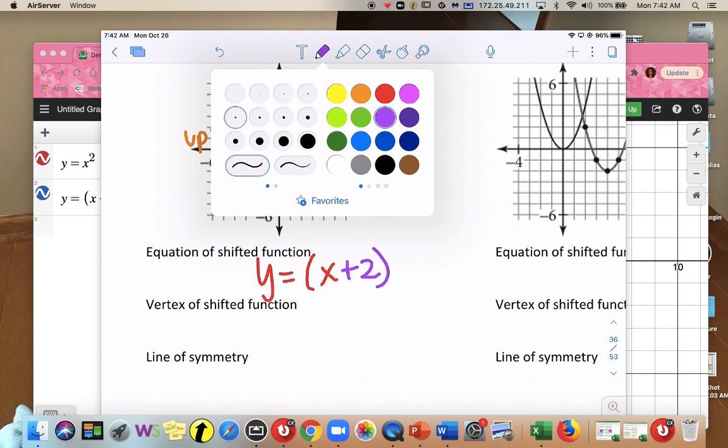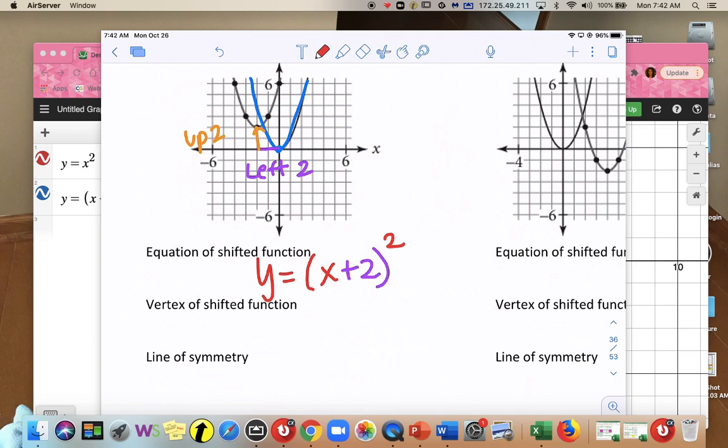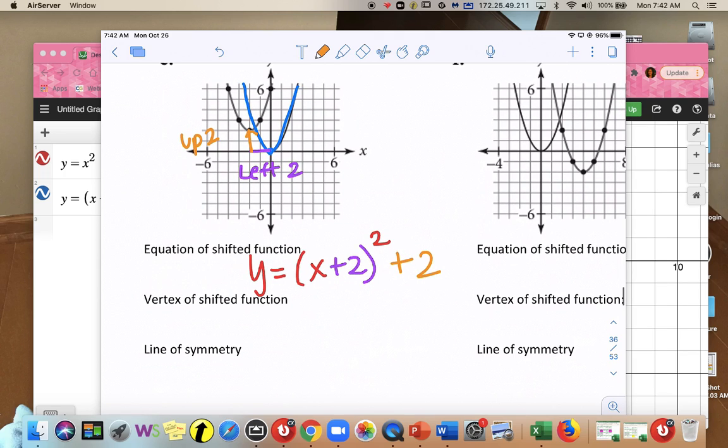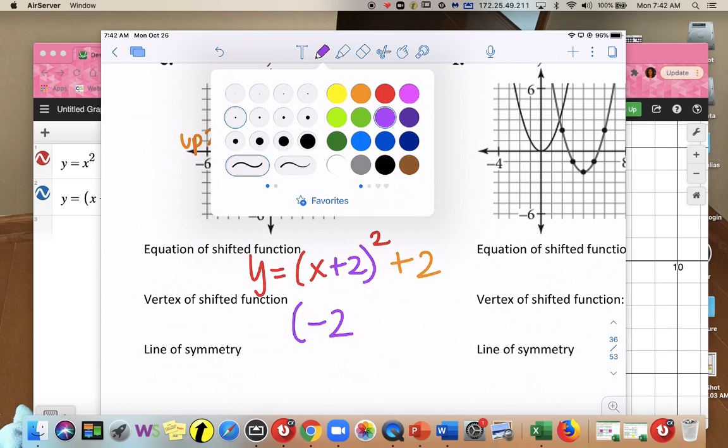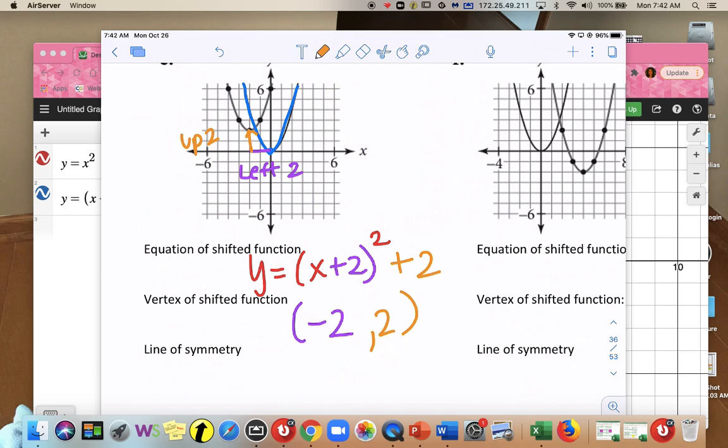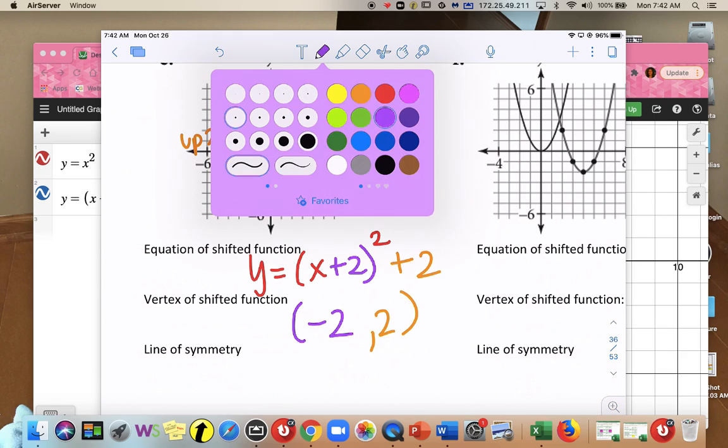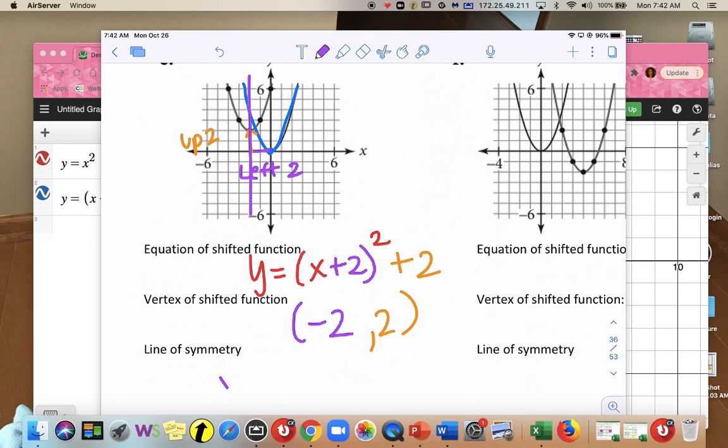I do need the squared there to make it curve back up, and then the plus 2 on the outside would signify up 2. So here's my shifted function to tell someone to shift the parabola left 2, up 2. The vertex would be negative 2 because it goes to the left, but positive 2 because it goes up. So there's my vertex. My line of symmetry, since I went left 2, it's x equals negative 2.